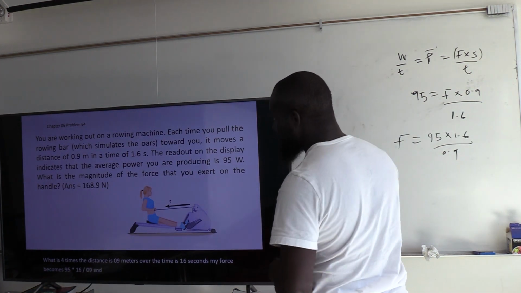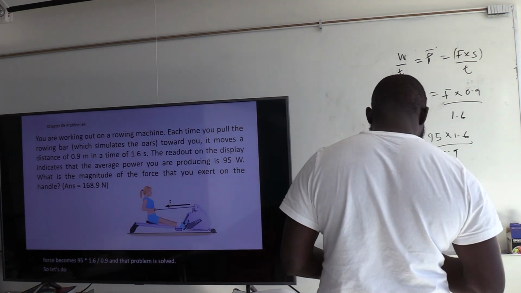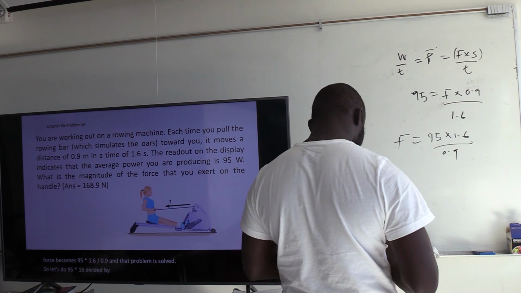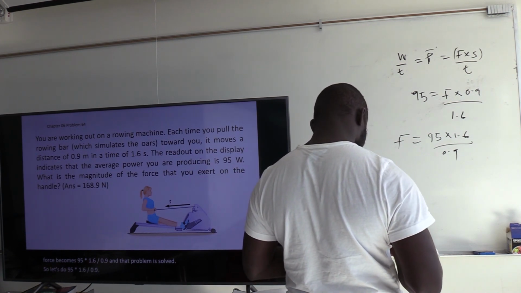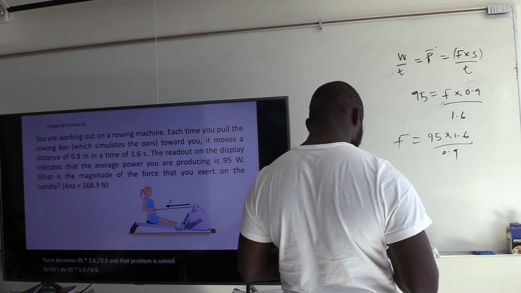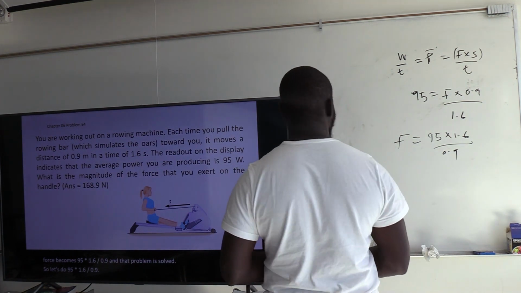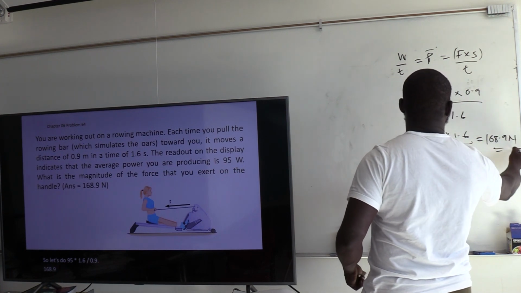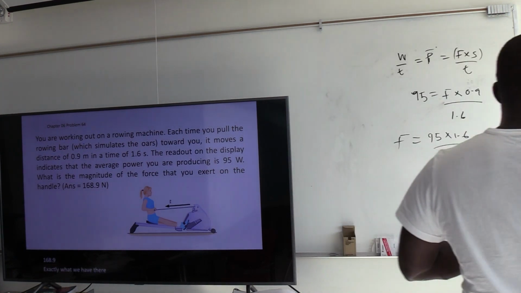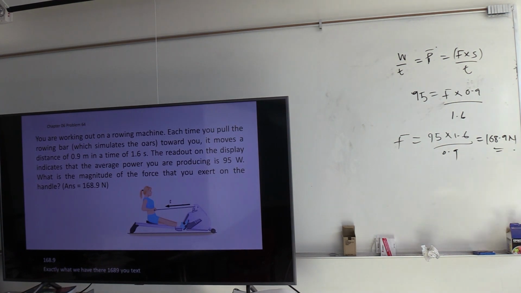So 95 times 1.6 divided by 0.9 is 168.9, exactly what we have there, 168.9 newtons. That's for chapter 6, problem 64.